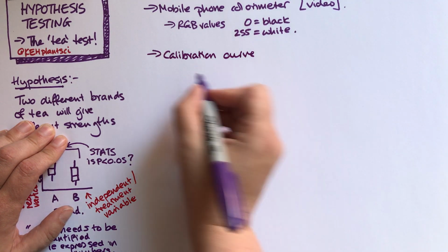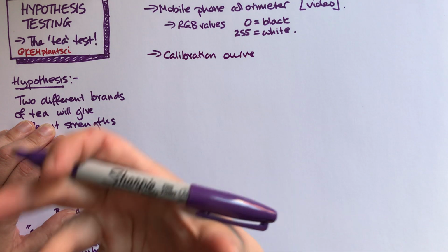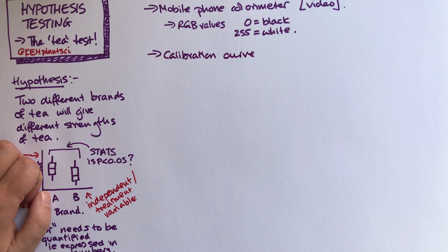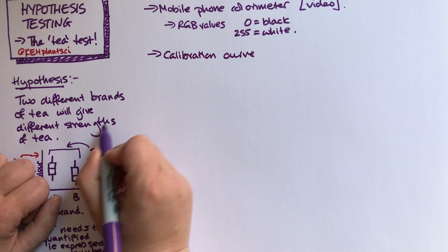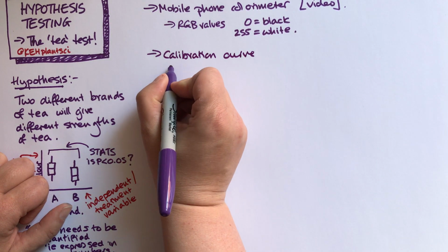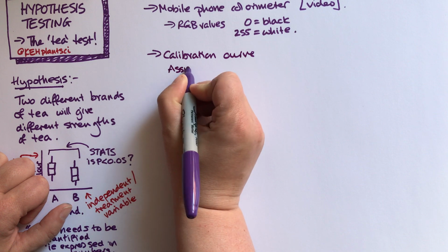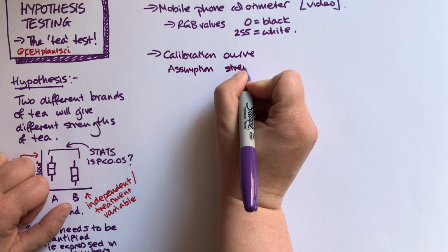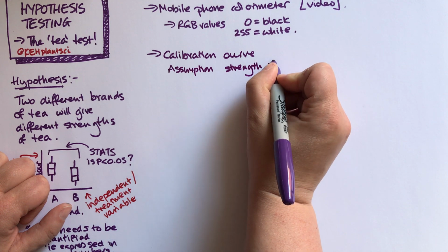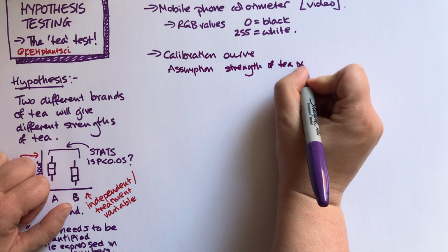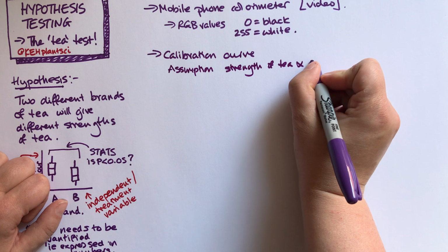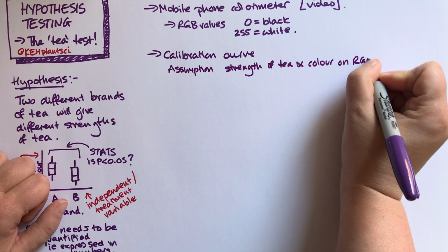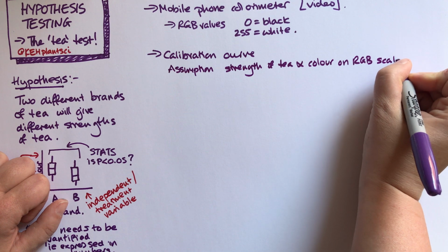Okay, so what we hope is that stronger tea, which was the thing in our hypothesis, will give darker colours. So the assumption we're making is that strength of tea correlates with the colour on the RGB scale.